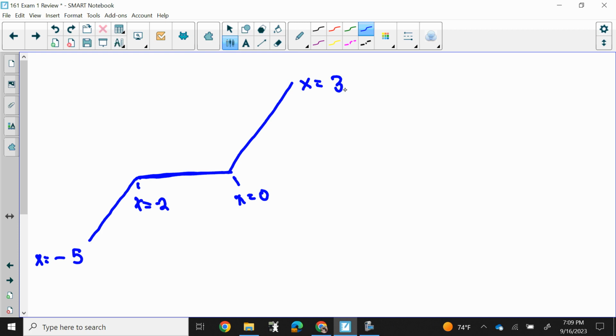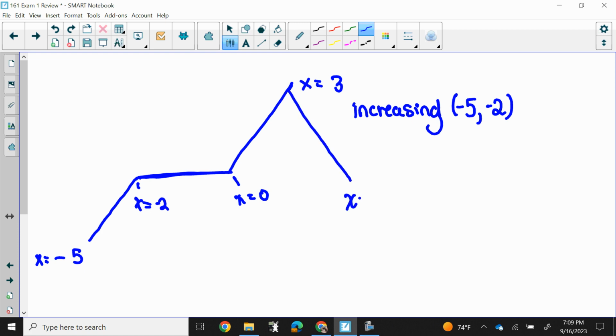Okay, so it is increasing from the point where x is equal to -5 to the point where x is equal to -2. And then I'm actually going to do one right here. I'm sorry. And I'm going to say this is x equals 5. Sorry.